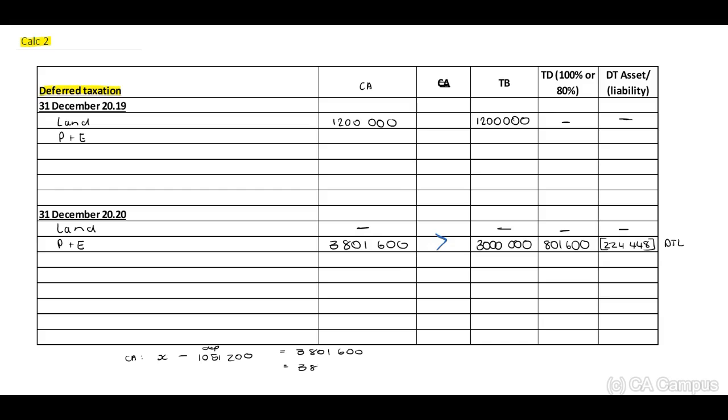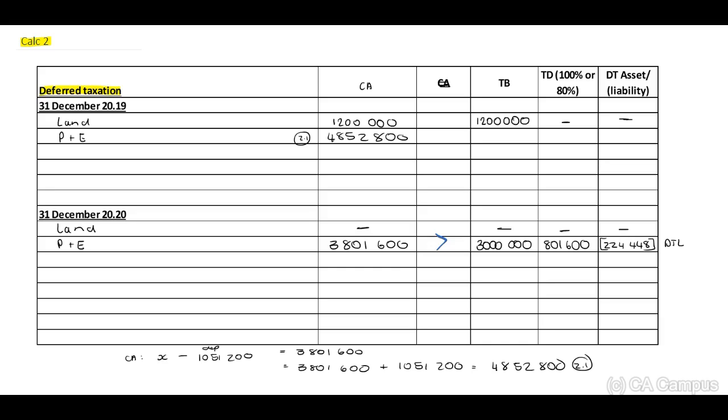It will be the 3,801,600 plus the depreciation 1,051,200, and our carrying amount will be 4,852,800. Going to call this calculation 2.1, and this is 4,852,800.